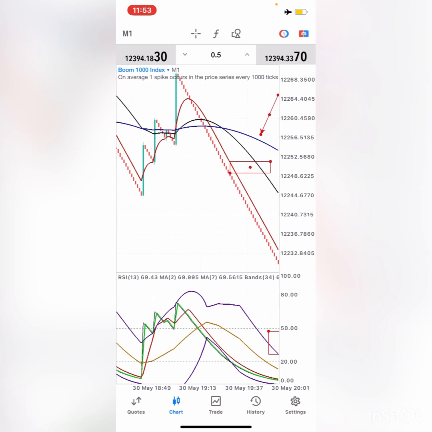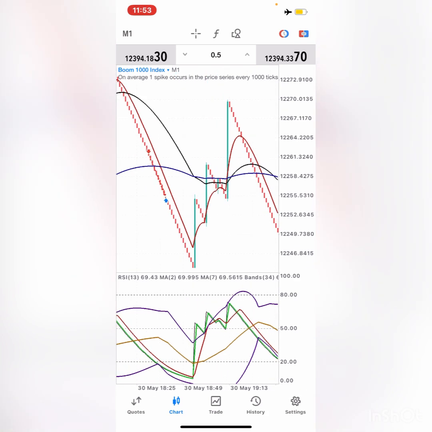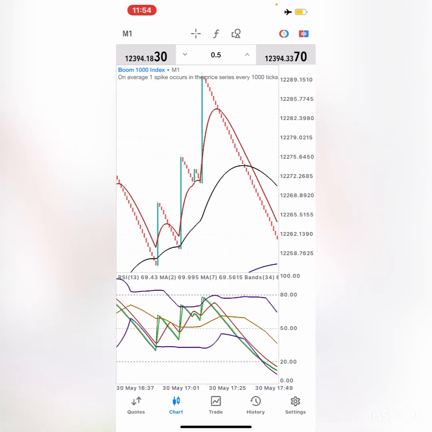So this is a super accurate strategy. Why? Because the TDI is the only technical indicator that shows you both fundamentals, momentum, and it also shows you the volatility in the market, right?